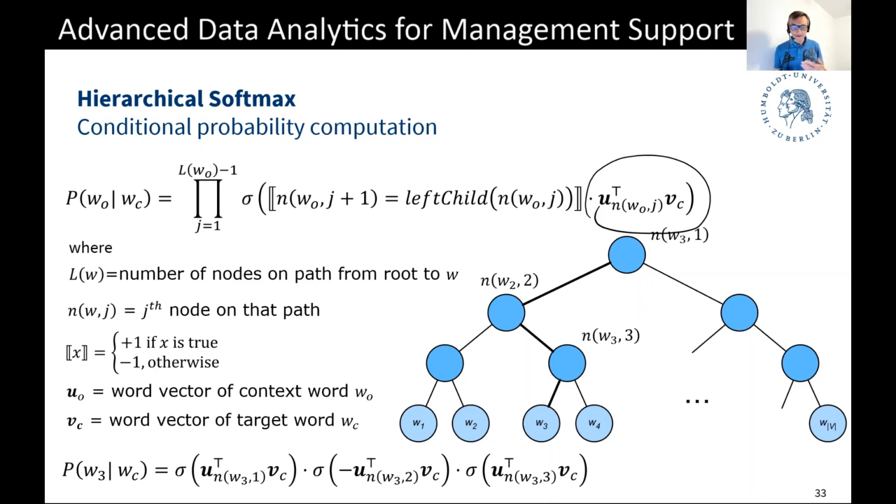And then you have this funny notation where I have a function that outputs the value of +1 if the statement is true and -1 otherwise, where we basically say there's a node on the path denoted as n(w_O, j+1), so it's a child node of node n(w_O, j), whether it's the left child or not.